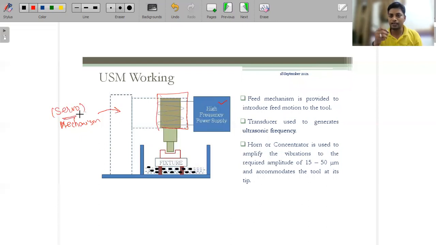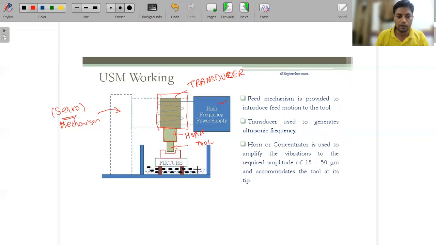The servo mechanism is how we feed it up and down. This transducer is connected with the horn, and this is the tool.